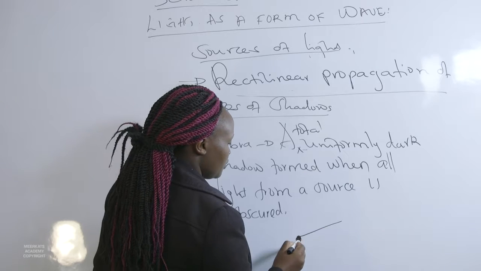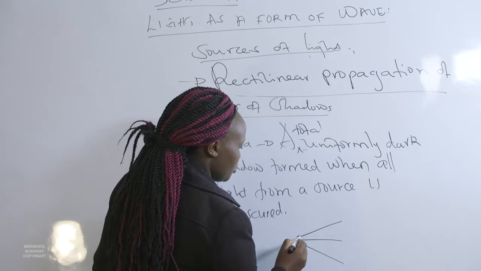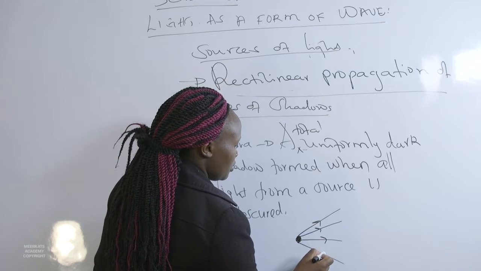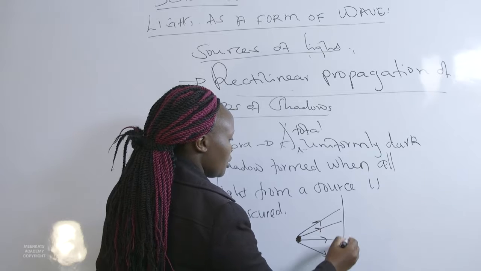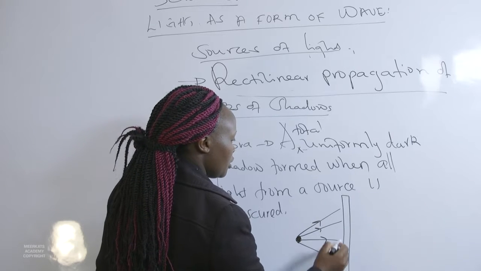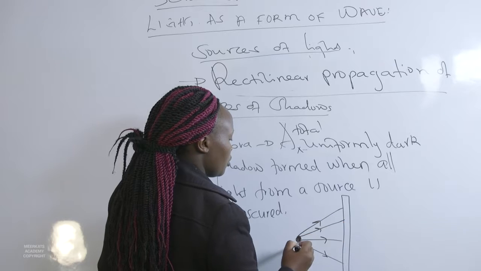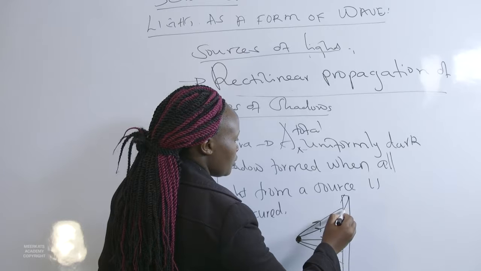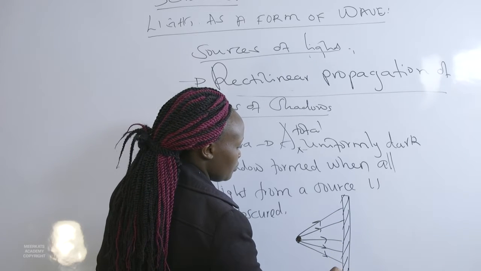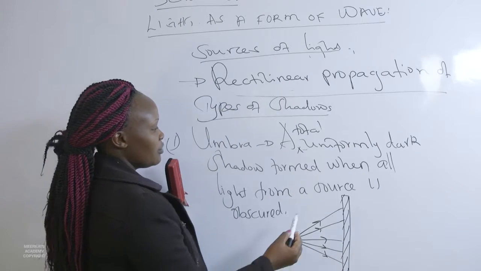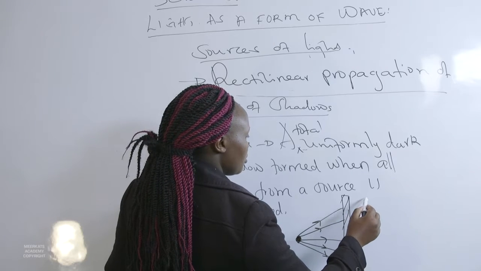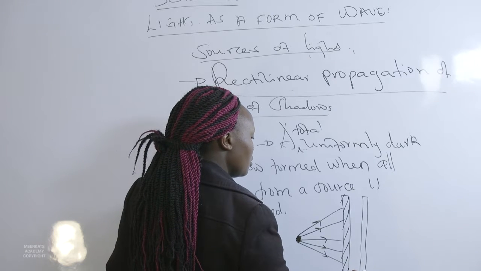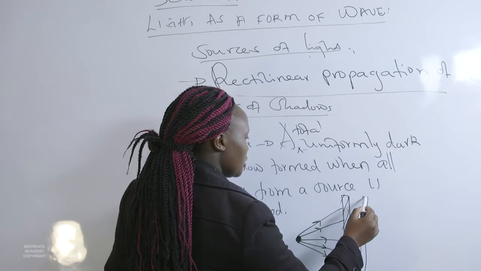So let us have this source of light spread out, and on its path, when we have an obstacle capable of obscuring everything, this one is an obstacle, then you will have something that resembles your obstacle, which is now the shadow behind it.